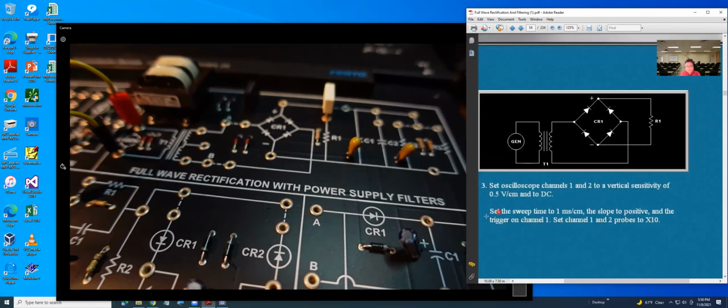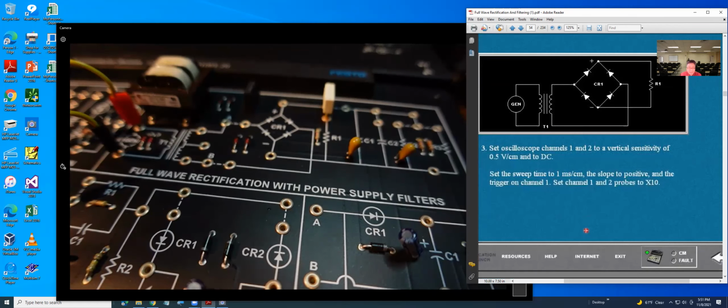Now they're telling you to connect scope channel 1 and 2. Whatever else they said, I don't care here. We're using a digital scope, so setting the scope time or whatever, we don't care. Let's see what's next.